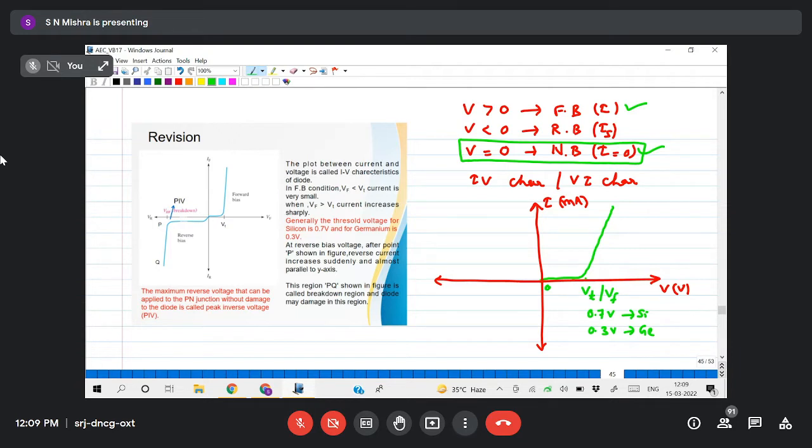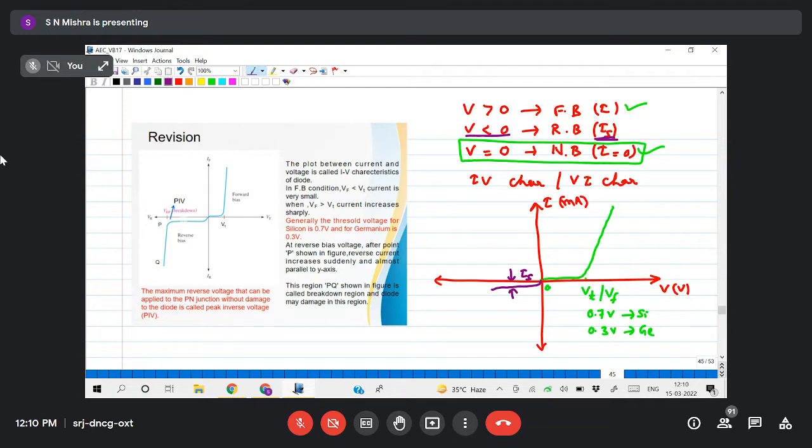Now when you consider the reverse voltage, that means V less than 0, we get Is. So Is can be plotted like this. This is your Is, or leakage current, and generally it is in micro, nano or picoampere.